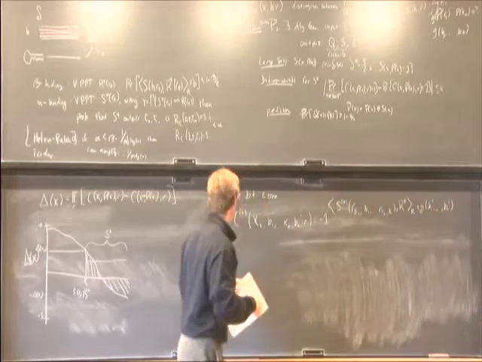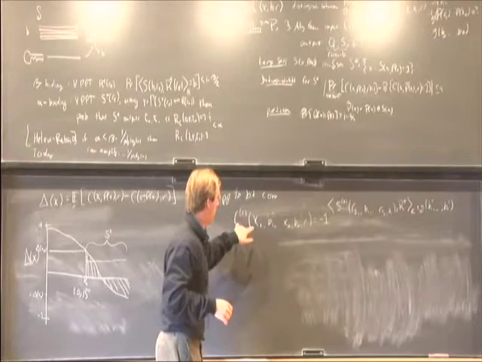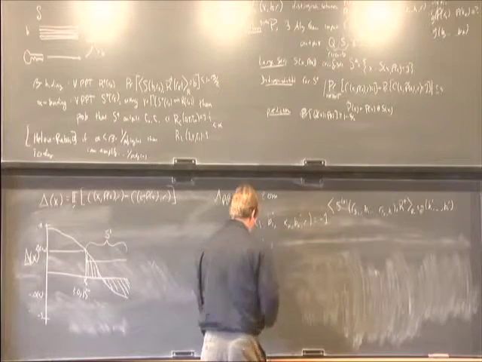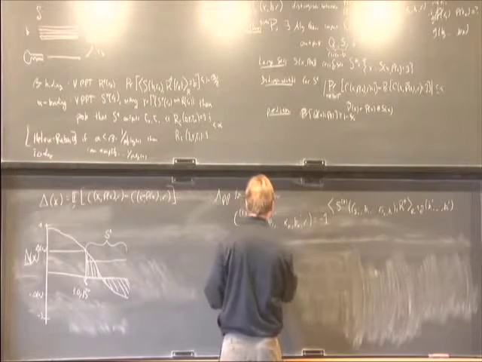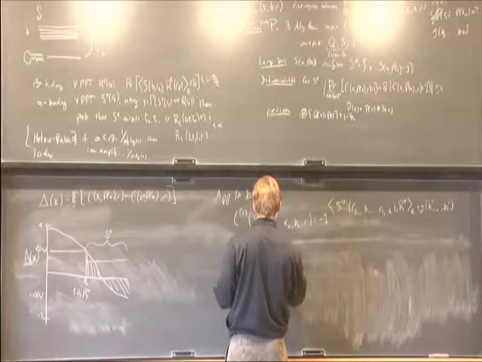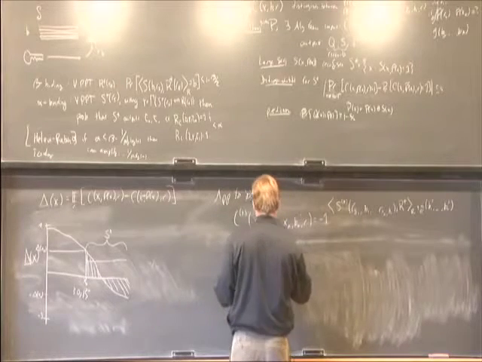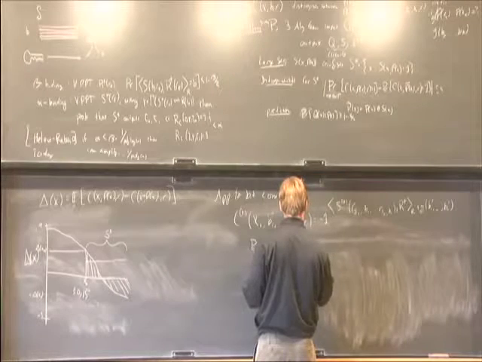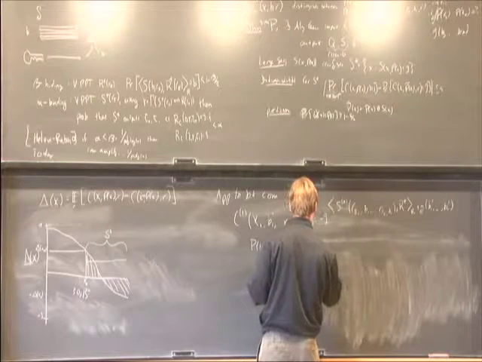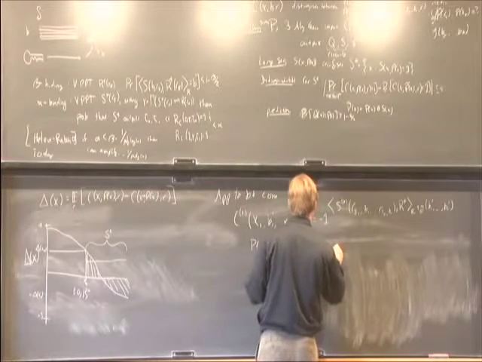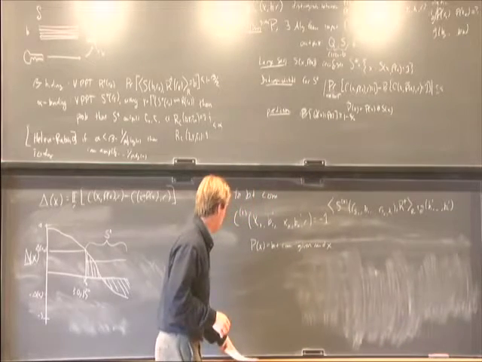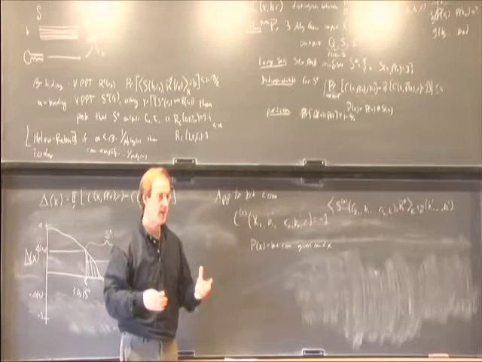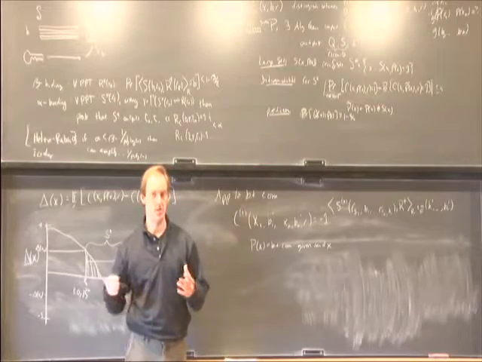And P of X is... so the idea is that X here is supposed to be the randomness input to the sender.